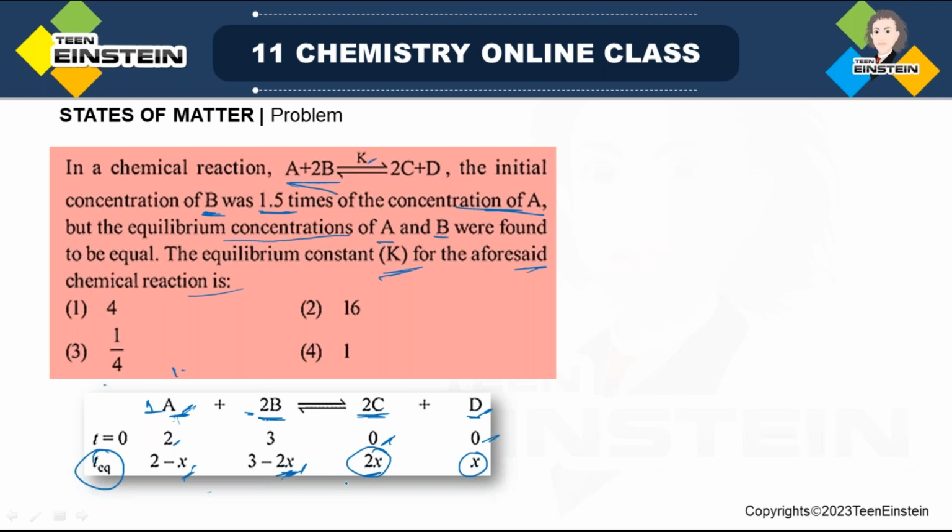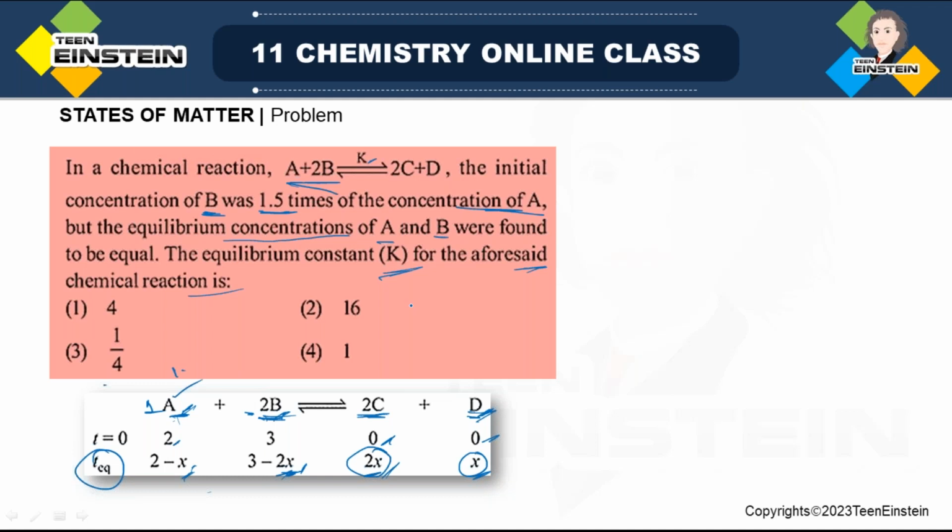So when 2x of B is consumed, obviously 2x of C will be produced. Similarly, 2B and D is 2:1. So when 2x moles of B are consumed, you will get x moles of D. So whether you consider it from the point of view of A or 2B, you will reach the same conclusion.